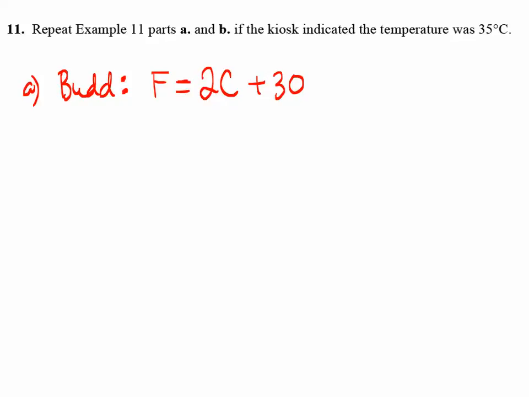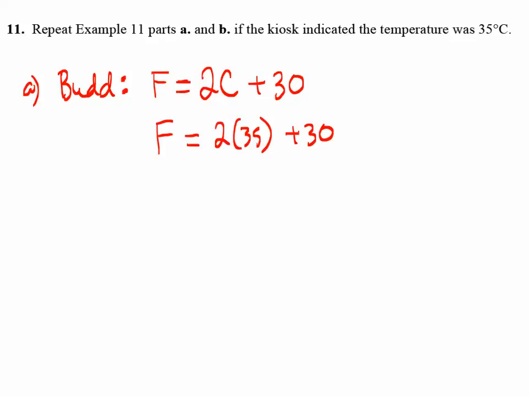So Fahrenheit is 2 times Celsius plus 30. So I'm going to plug in a 35 for the C value.